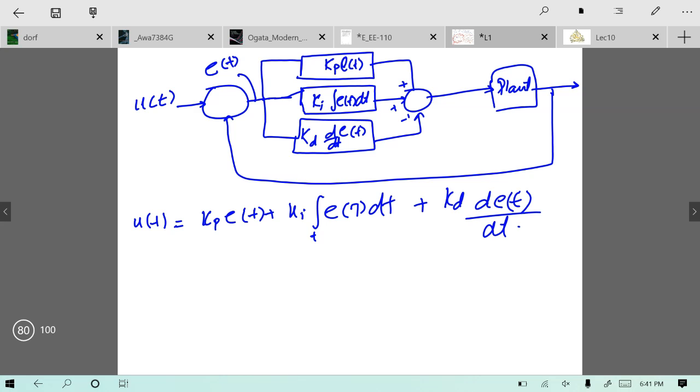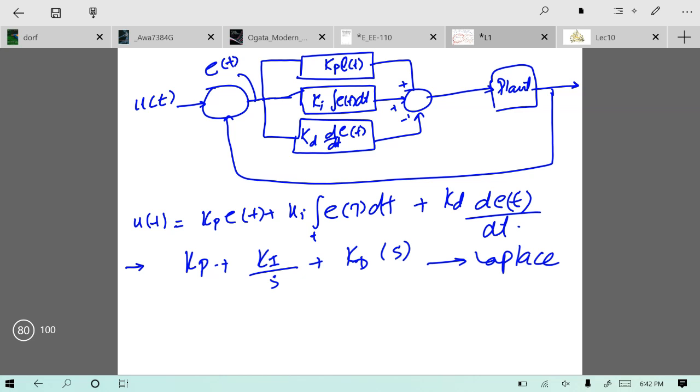So this is the equation for our PID controller in the time domain. When I write it in the S domain, it will be Kp plus Ki over S plus Kd into S. This will be the equation of your PID controller in the Laplace domain.